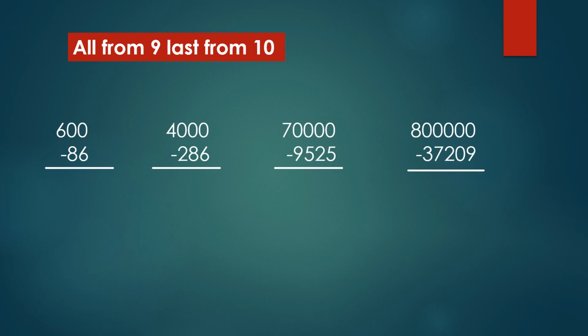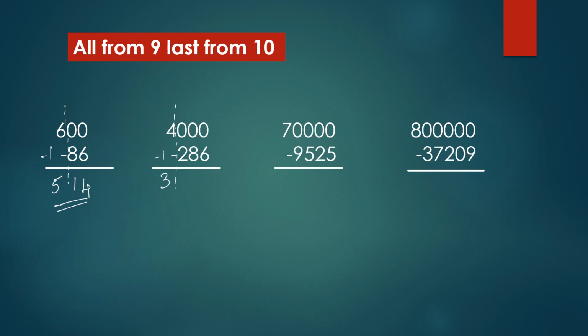600 minus 86. Same method. So make two parts in such a way like this. So 6 minus 1, that is 5. So 9 minus 8, 1. 10 minus 6, 4. 5, 14. Next, 4 minus 1, 3.